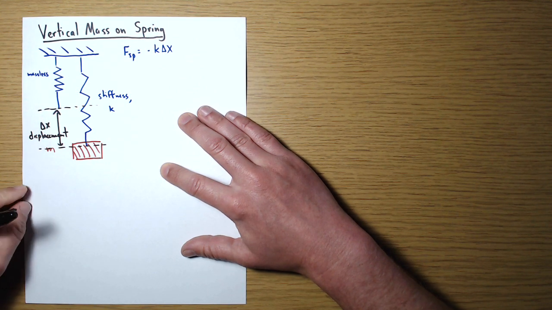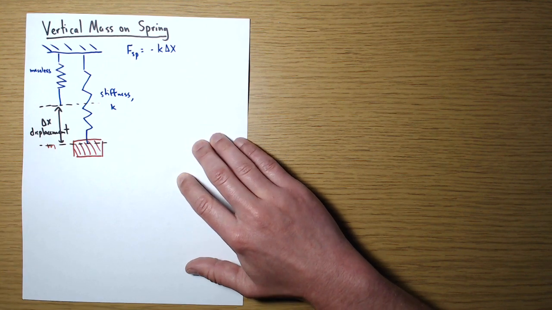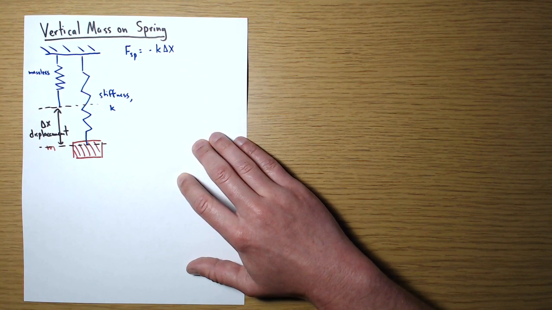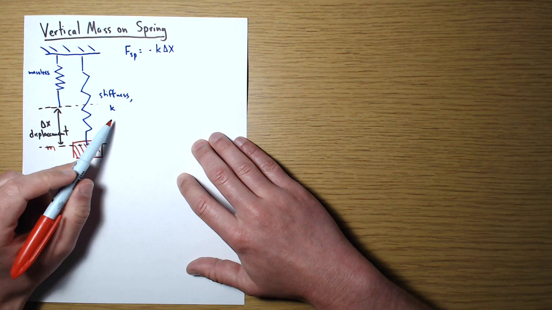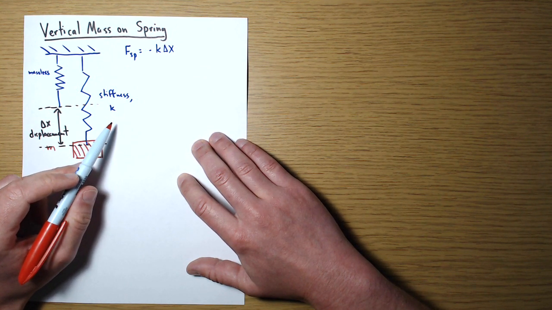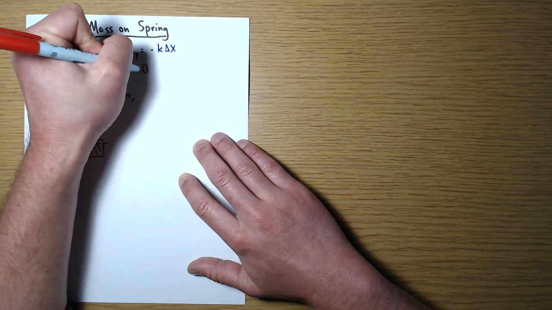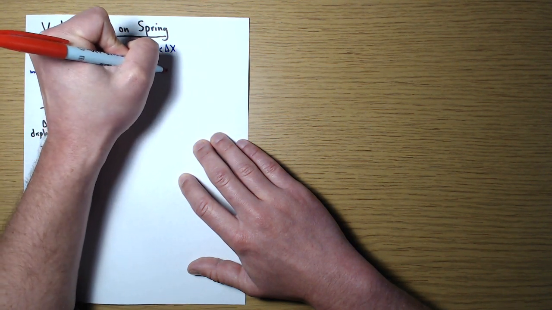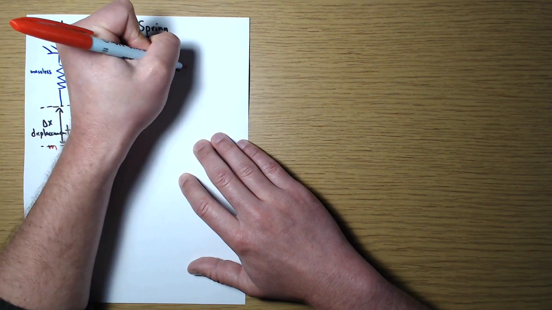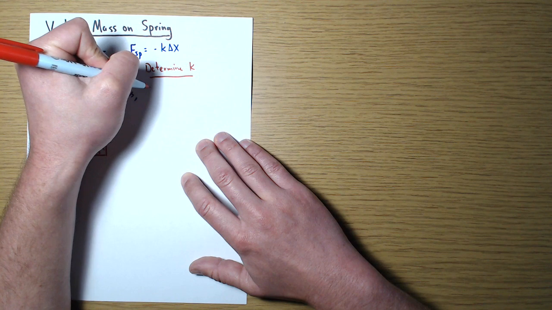All right, now what we want to accomplish here is we want to find a way to determine this spring constant K. And I'm going to explain two different methods to determine the spring constant. That's our goal. Determine K. And there's two methods that I'm going to look at.